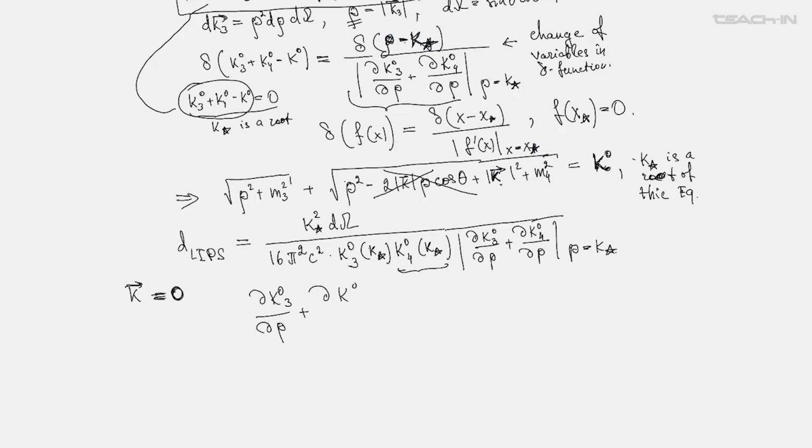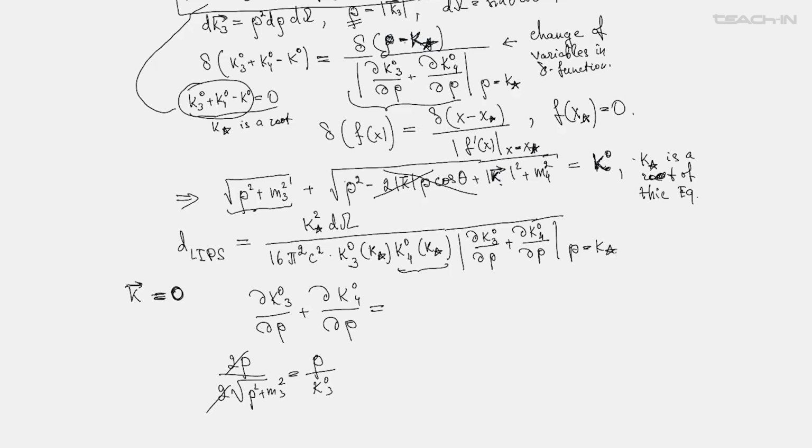K03 is essentially this square root here. When you differentiate it over rho, you get 2 rho divided by 2 square root of rho squared plus m3 squared. So the 2 cancels out, and you just get rho divided by k03, because k03 is the square root.